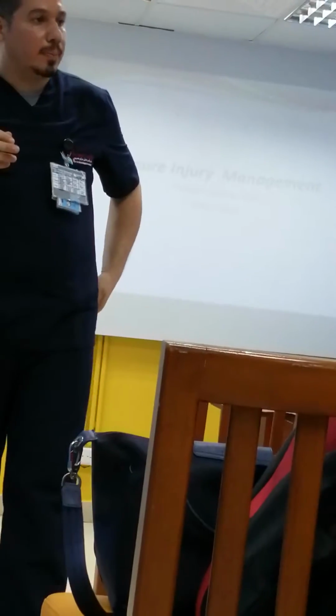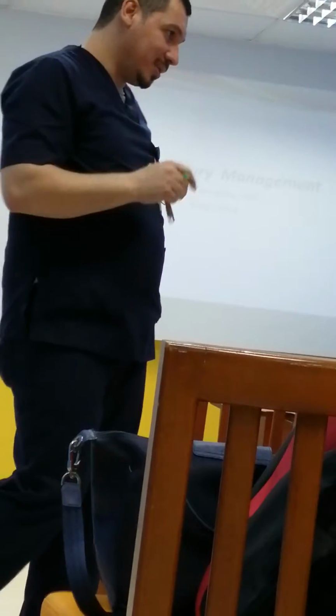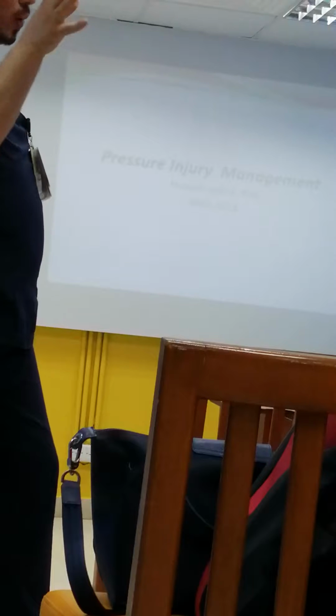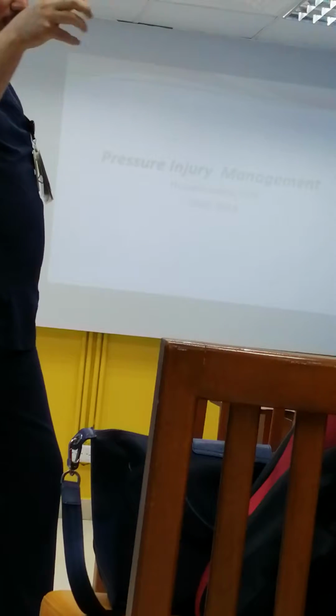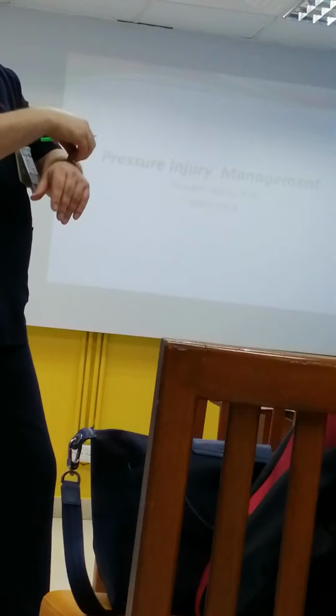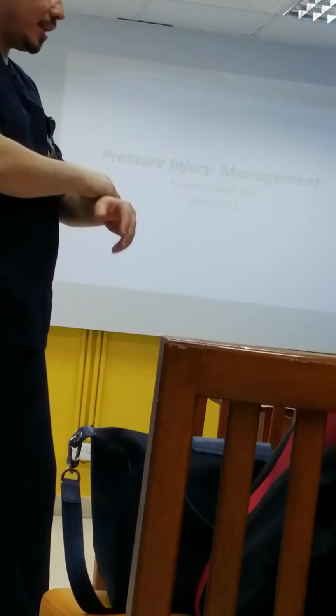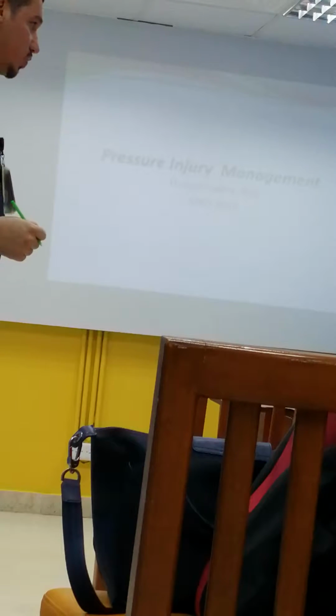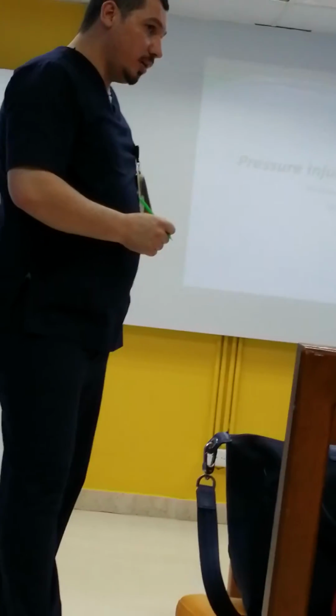Then this means it is non-blanchable. Non-blanchable is the pressure injury, because blanchable is white, and white means it is the normal color. Non-blanchable is the pressure injury, for stage 1.